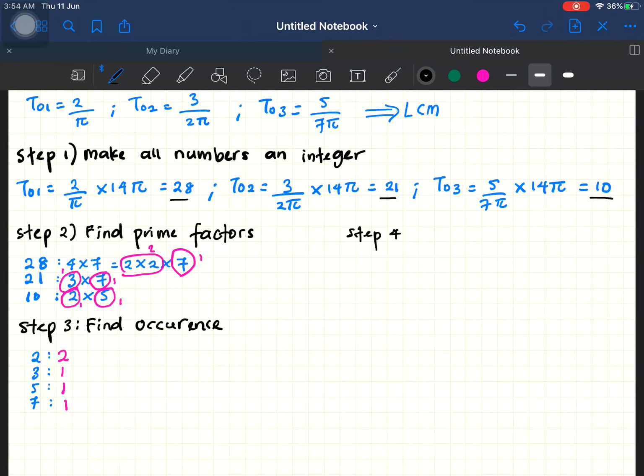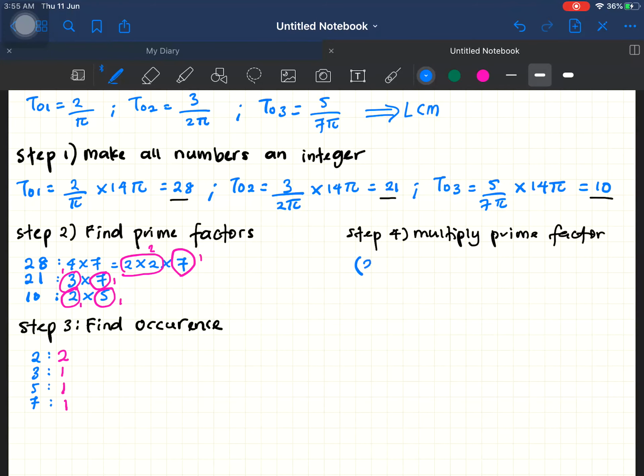Okay, step 4, multiply prime factors. Okay, so you will have, but like I said before, it's not simply multiplication.